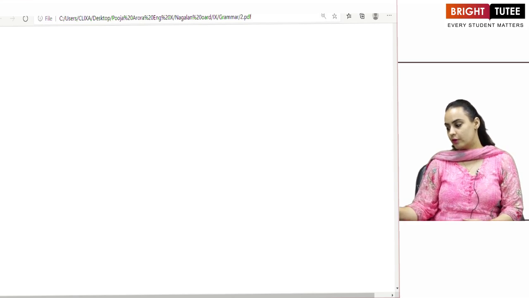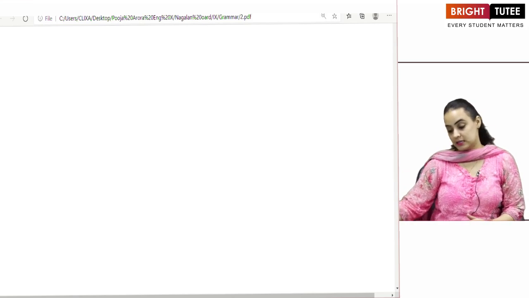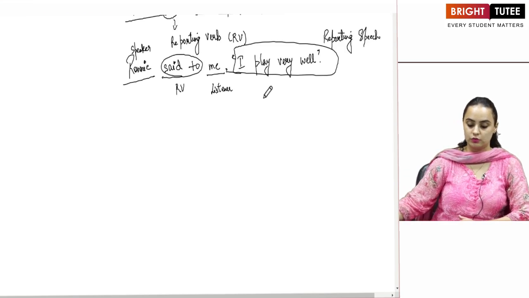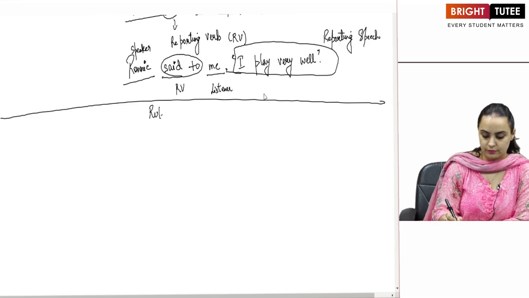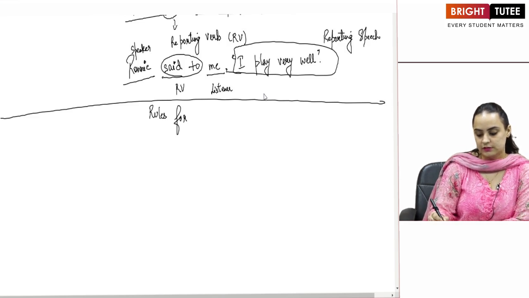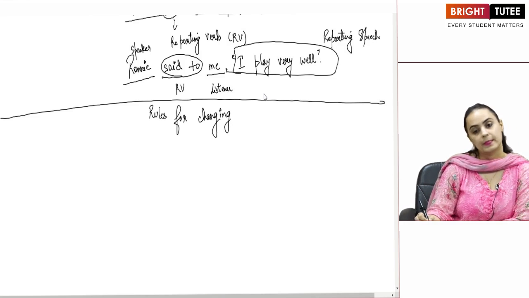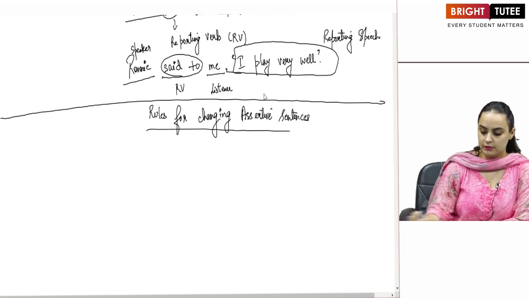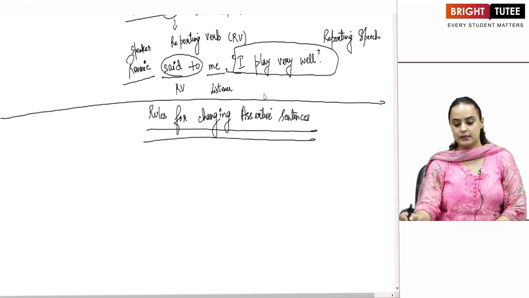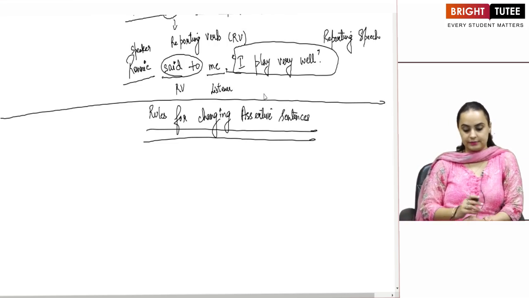Now let us move on to the rules for changing assertive sentences. So here, first we are talking about the assertive sentences.